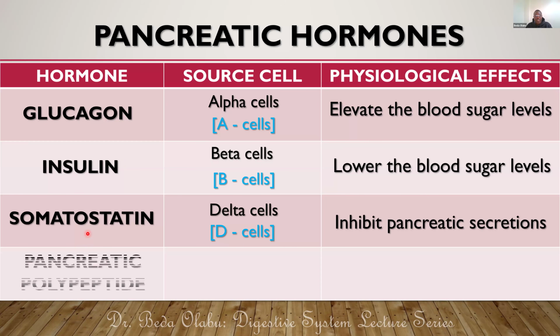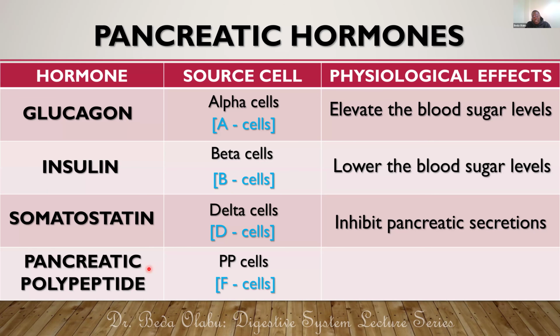And lastly, we have the PP cells, named from the hormone it produces, pancreatic polypeptide. These ones are also called the F cells. So again, take note, we don't have the E cell, but we have the F cell. Well, the E cells are present, except I'm not mentioning them here, but these are F cells.